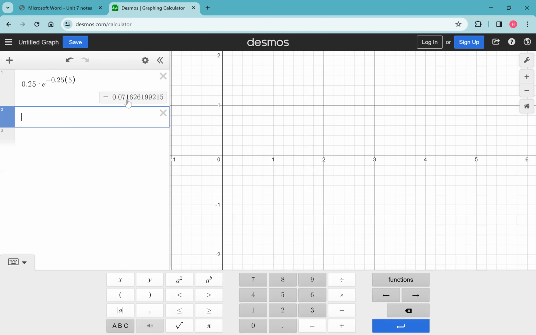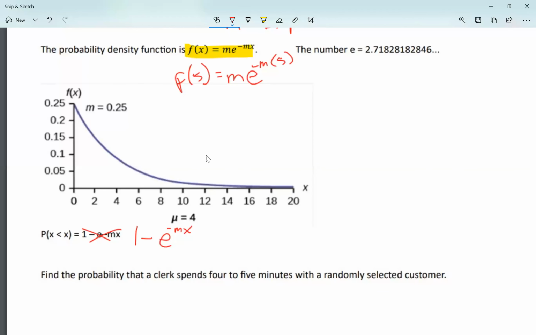Now, what's the probability that the clerk is going to spend with the next customer 5 minutes or less? That's the formula that I just gave you guys. Let me come back to the formula that I mentioned here.